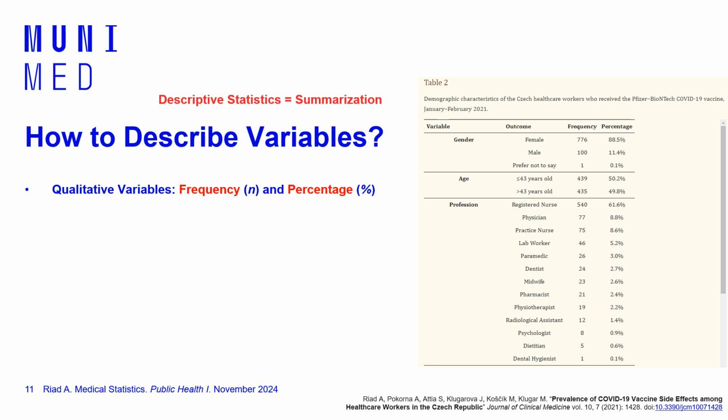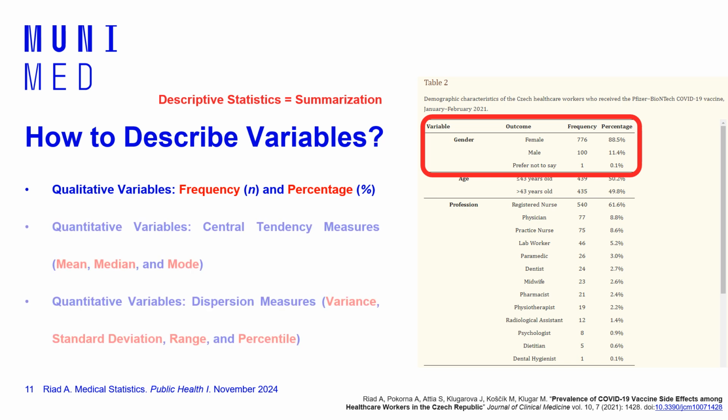We have female, male, and prefer not to say. And as you can see, we described it using frequency, which is the number of individuals in each of these groups, and also percentage to the total population or the total sample. Okay, so if you have a qualitative variable, you can fairly describe it using frequency and percentage, as you can see here.